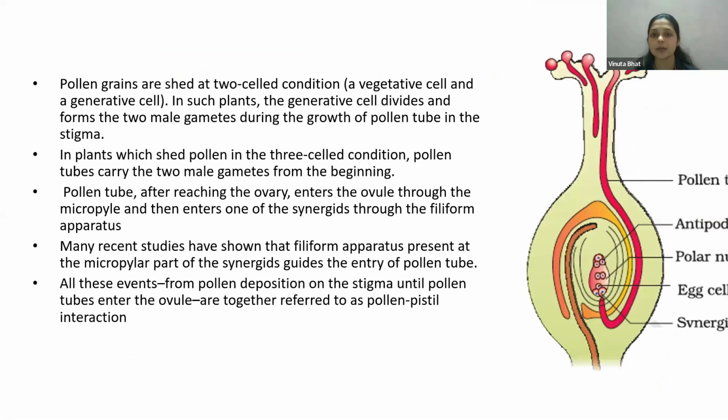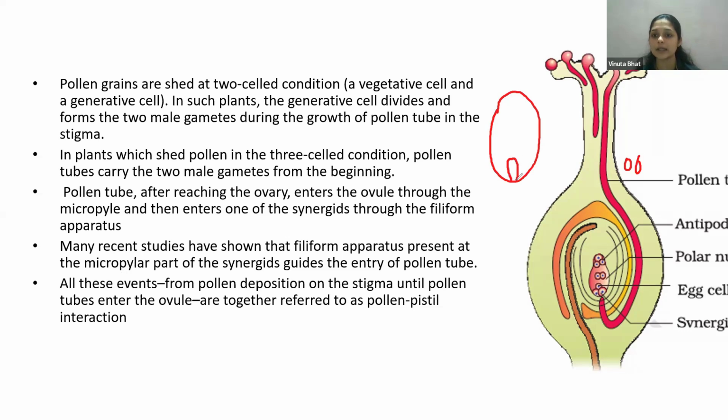Yes, this diagram. Okay, so here when the pollen tube growth occurs, two male gametes are released from one pollen grain. Okay, one pollen grain releases the two male gametes. There are two male gametes here within the embryo sac. There must also be the female gametes, right?